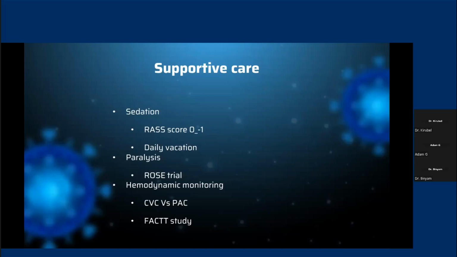Paralysis also. Patients who are having desynchronous breathing should first be sedated. Then if they're still having that despite sedation, they should be paralyzed. How to paralyze the patient?